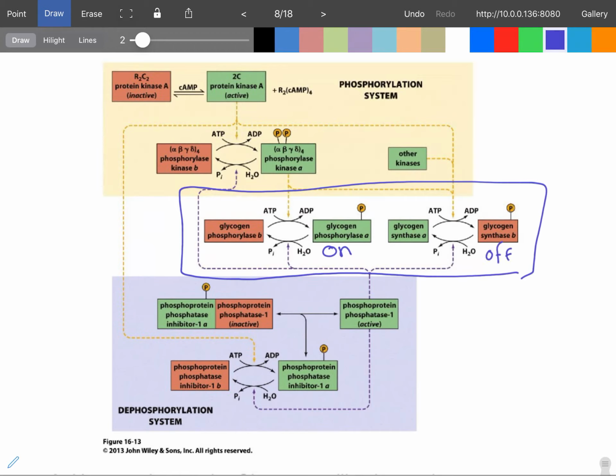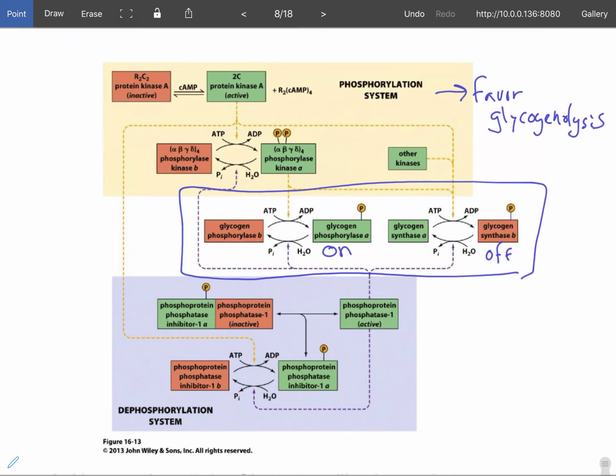And so the phosphorylation system, if you think about it, it's going to favor glycogenolysis, right? We are turning on the glycogen phosphorylase, which breaks down glycogen. We're turning off glycogen synthase, which of course builds glycogen. So anytime the phosphorylation system is activated, it means that glycogenolysis is going to occur.